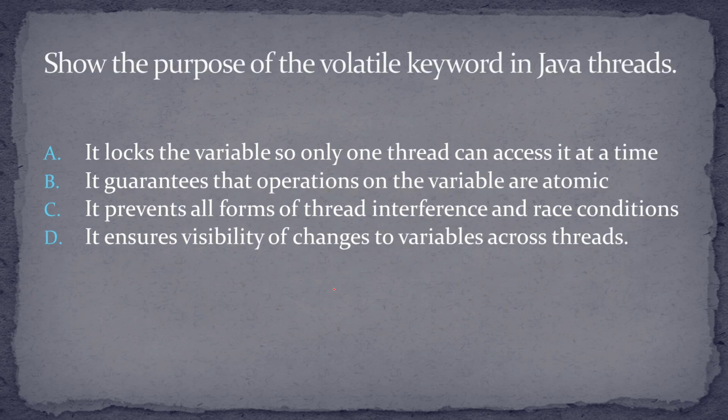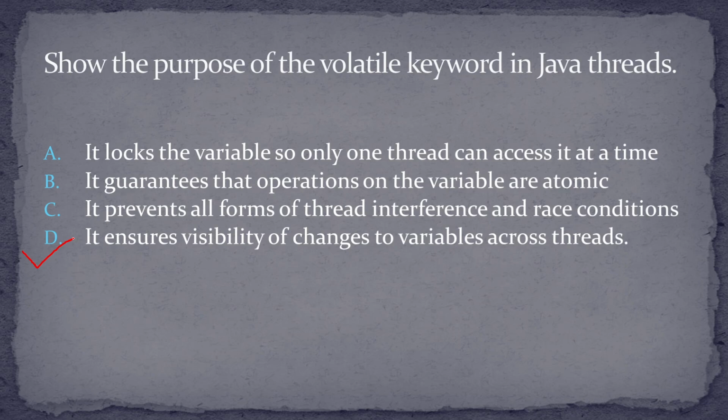So let's move on to our next question, which asks the purpose of the volatile keyword in Java threads. It ensures the visibility of changes to variables across threads.